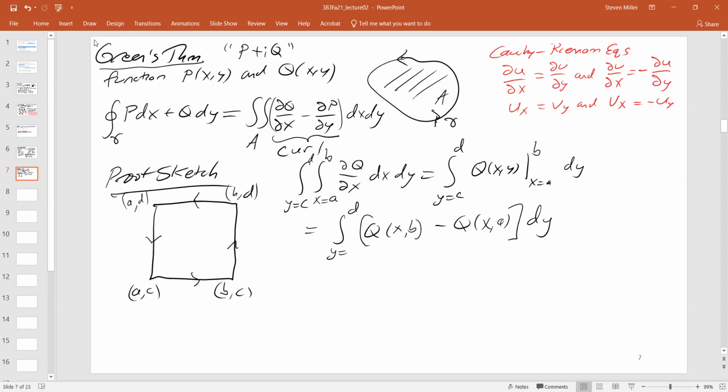And now if you remember multivariable calculus, when you've seen something like this before, what is the change in y as I go from the point AC to BC? 0. So I'm going to split my curve into 4 parts, gamma 1, gamma 2, gamma 3, gamma 4. Over here, there's no change in y.